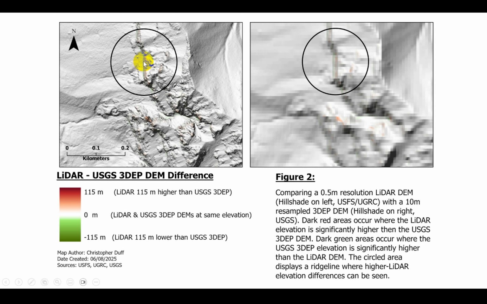The bottom of it, where it would be concave, it's showing that the LiDAR is lower than the 10-meter, which would make sense. That's that valley bottom idea. And then as we climb up and hit the ridge, the more convex surfaces are being smoothed over, and the LiDAR is actually showing as higher than the 10-meter data. So this is a really great example of the results that I would hope that you would get from this.